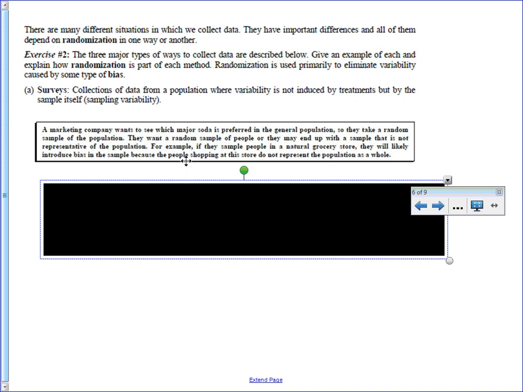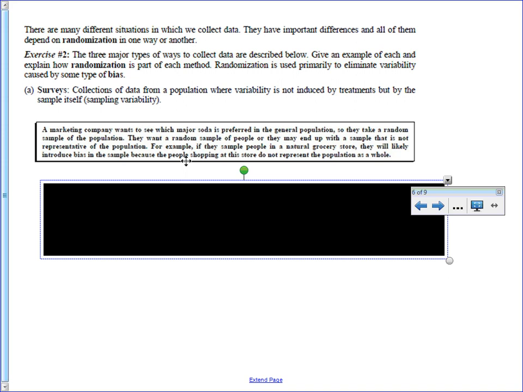So they need it to be random, because if it's not random, here's an example. If the sample is people in a natural grocery store, they'll be more likely to introduce bias in the sample because those people shopping at the store don't represent the population as a whole.